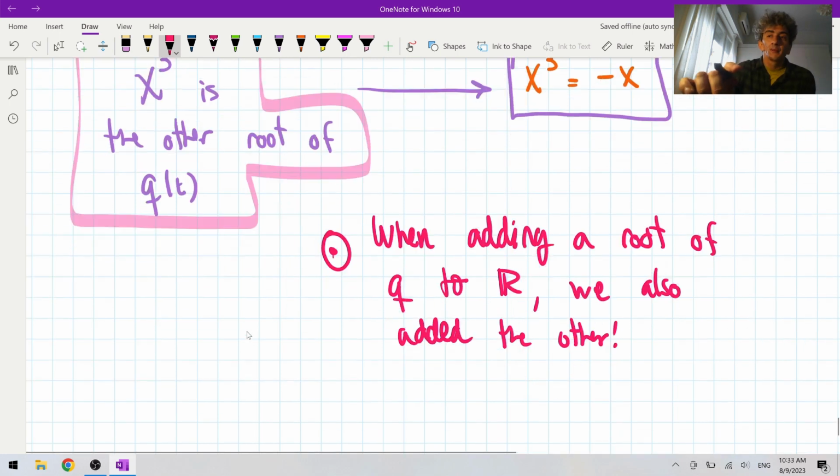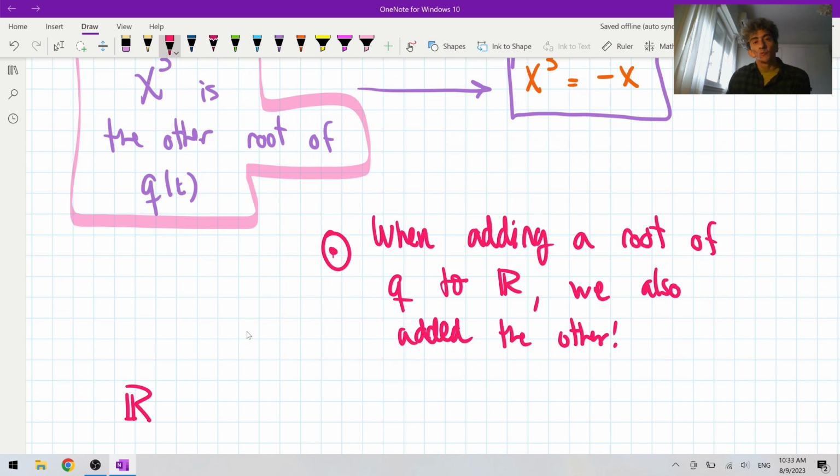So if you want to be taking a look at this, adding x gives actually f. Okay, so this means that when q is an irreducible polynomial and we add to the base field one of the roots, we are also adding the other roots.